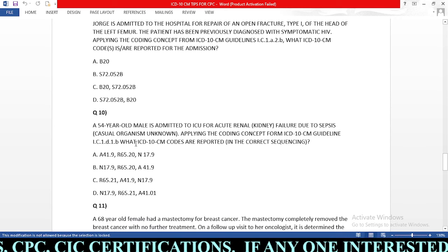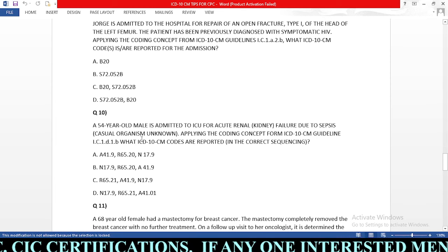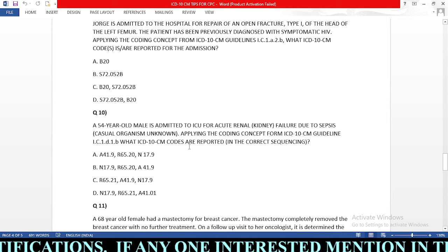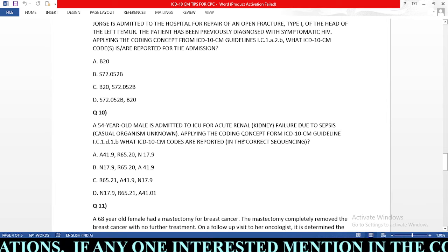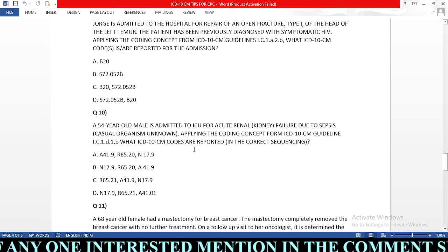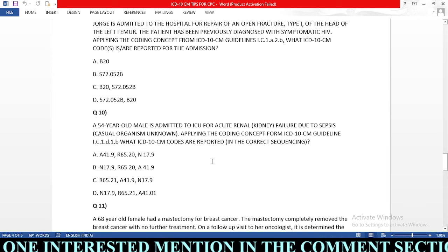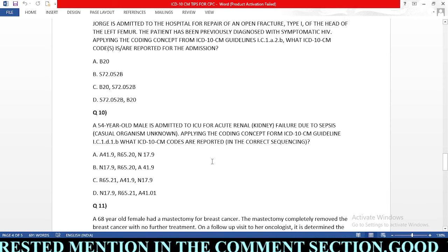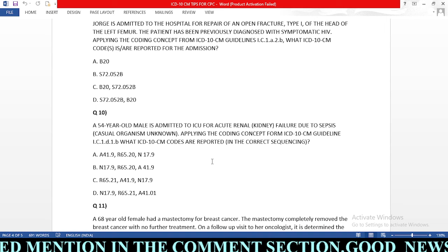And we have one more question here. A 54-year-old male is admitted to ICU for acute renal failure due to sepsis. Applying the coding concept from ICD-10 CM guidelines, what ICD-10 CM codes are reported in the correct sequencing? So here sequencing is the priority. So here you need to remember how to code this one.